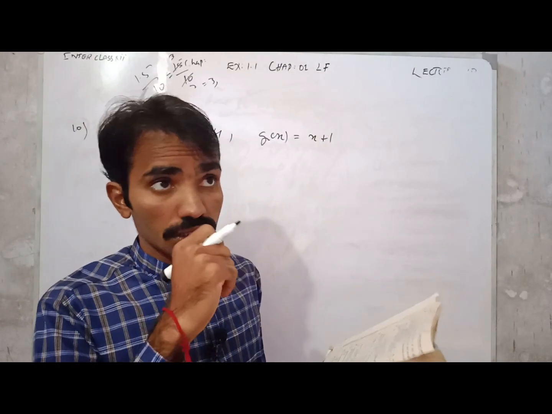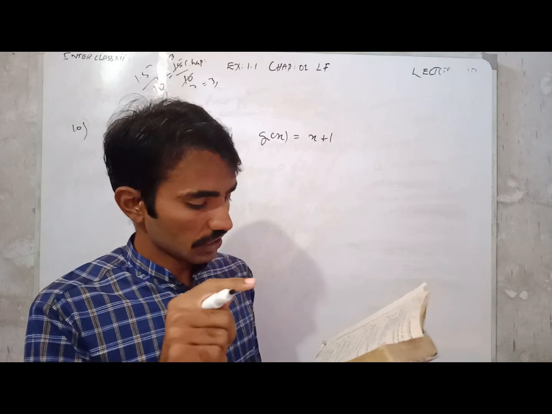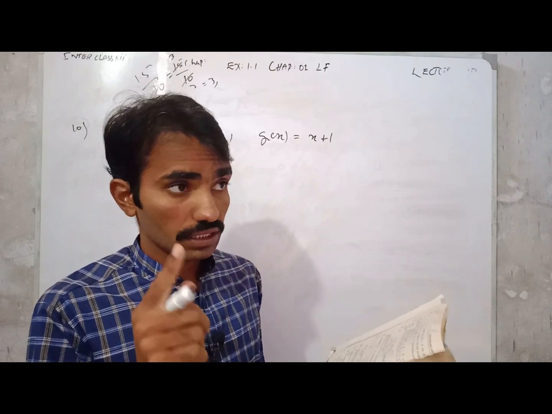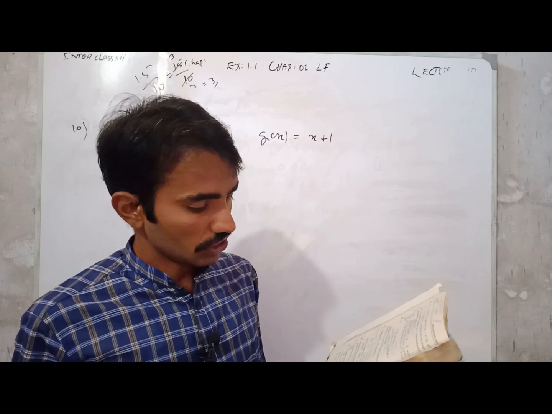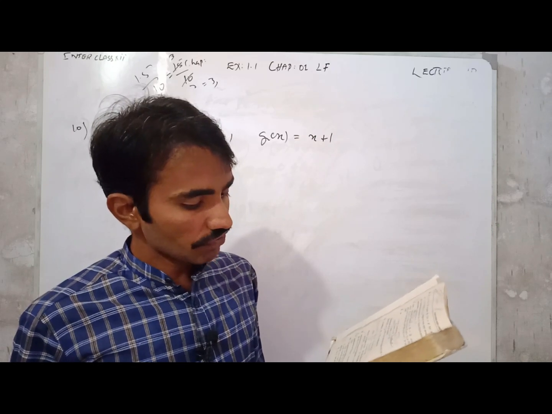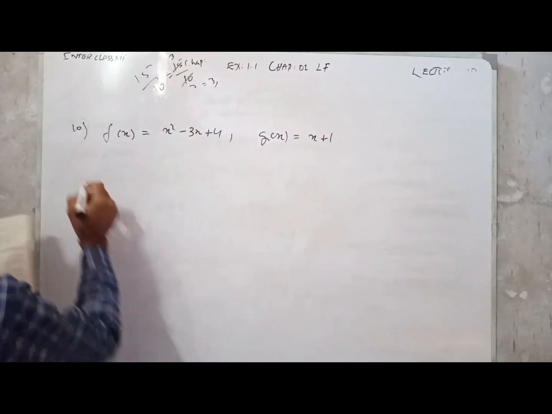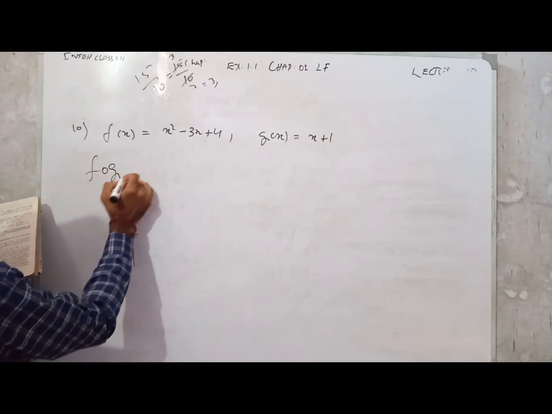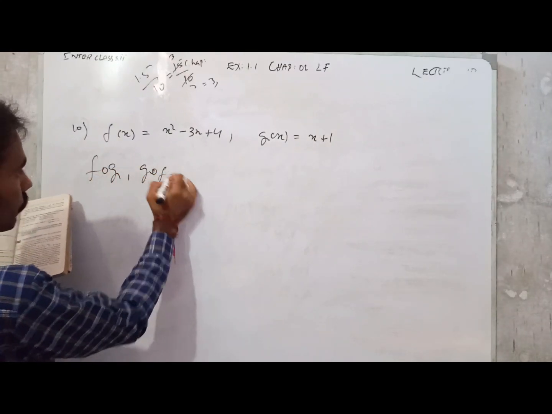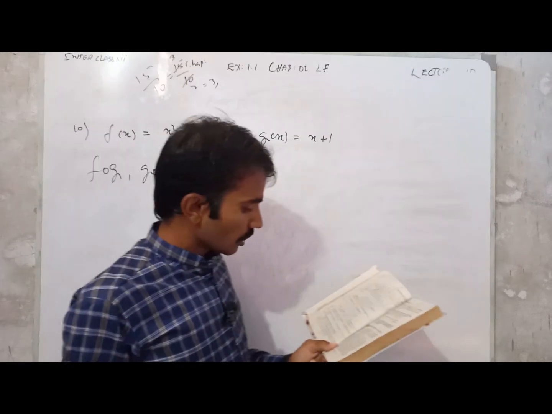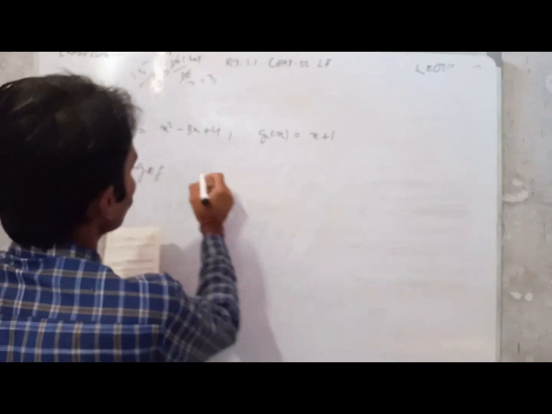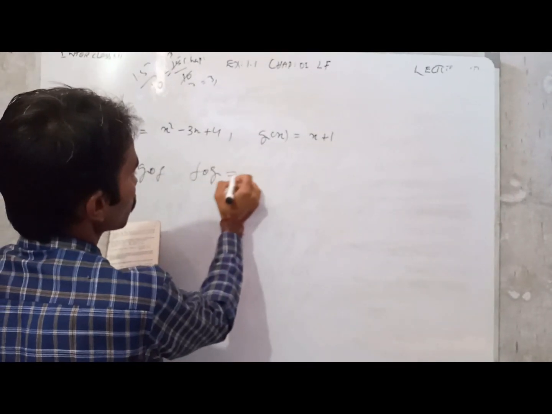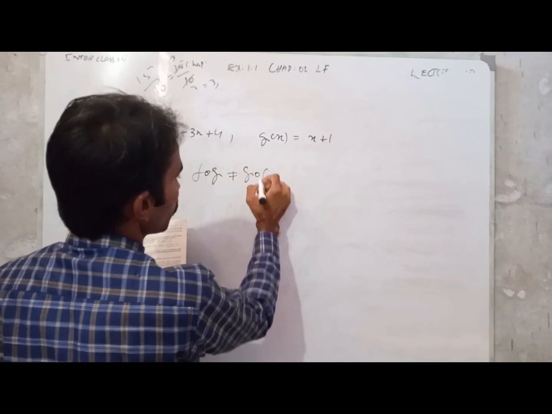You can just see lecture number 6 or 7, where I have done the composite function theoretically. Composite functions f of g and g of f, and show that f of g is not equal to g of f.